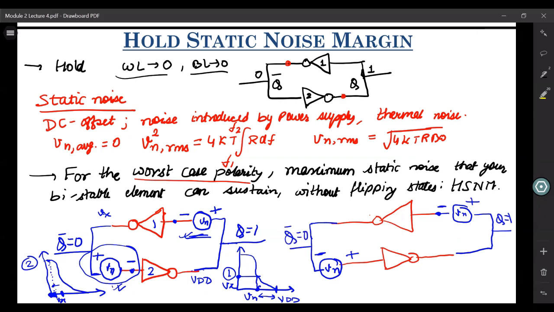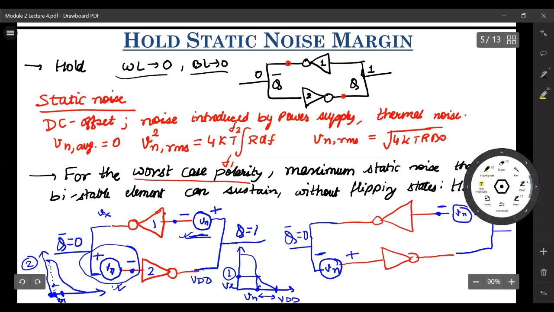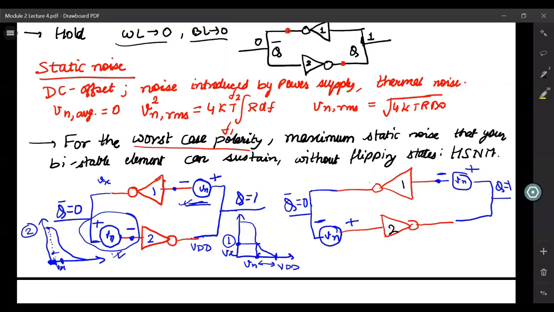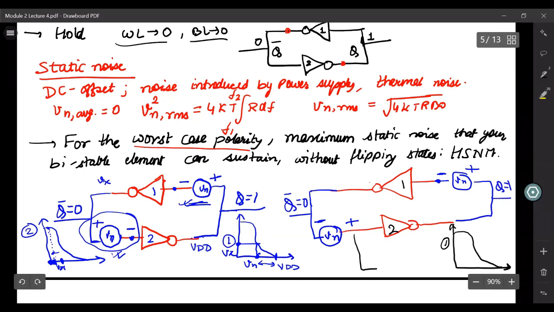Now let us try to understand it from the VTC of 1 and 2. Let me use a different ink for 1 and 2. Let us draw the VTC of inverter 1 and inverter 2. We have this as the VTC of inverter 1, and this as the VTC of inverter 2. Earlier, the input to inverter 1 was Q equals 1, which is VDD.